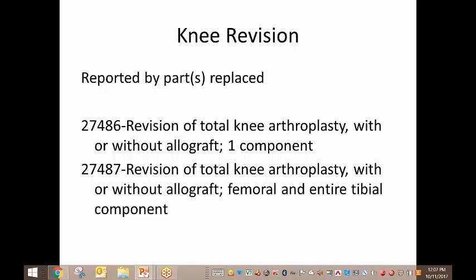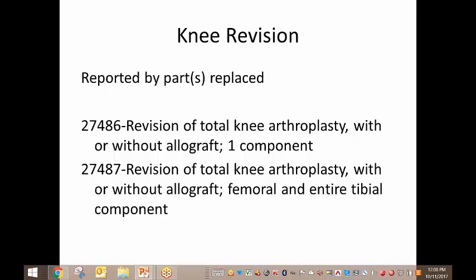Now there are 2 revision codes for knee revisions. If you are replacing just one of the components, whether it be femoral or tibial, we're going to use 27486. If you're replacing both of those parts, then we're going to use 27487.